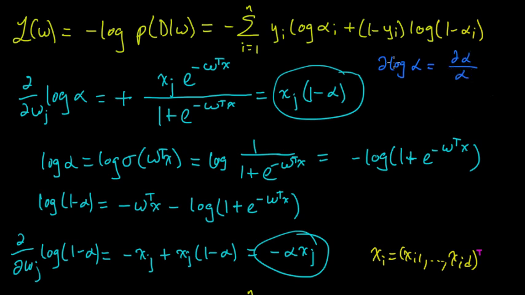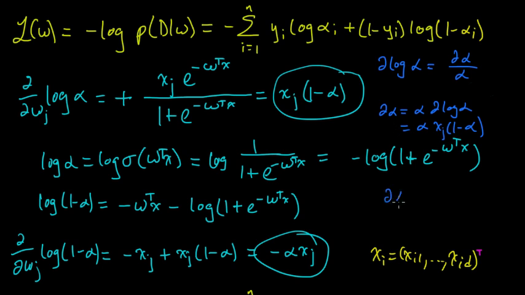And so if we multiply over here by alpha, then we get that the derivative of alpha equals alpha times the derivative of log alpha. This is for a generic alpha, like one of the alphas. So it's alpha times this derivative, which is xj times 1 minus alpha.